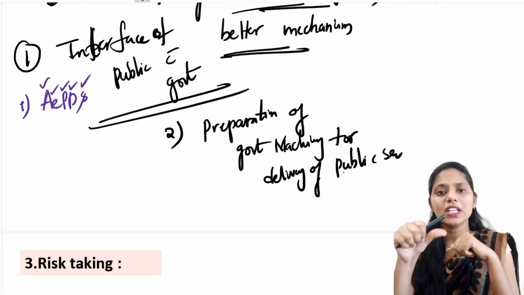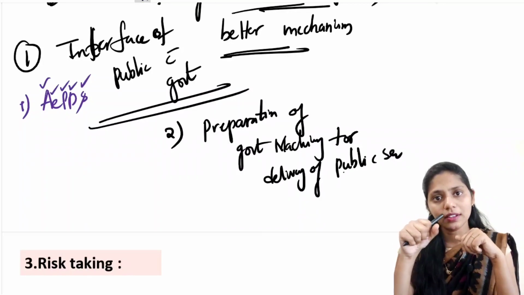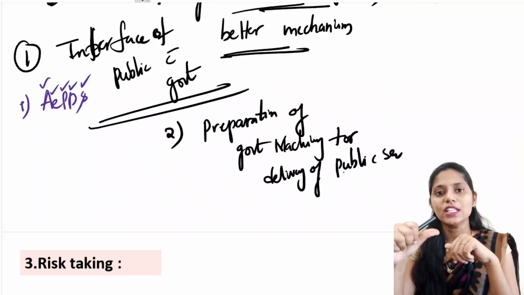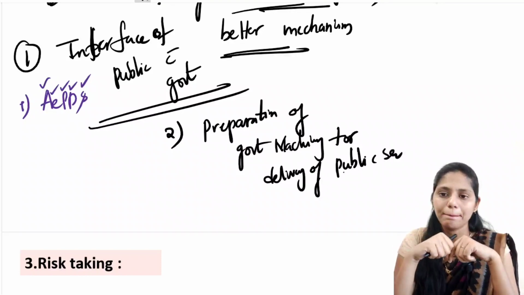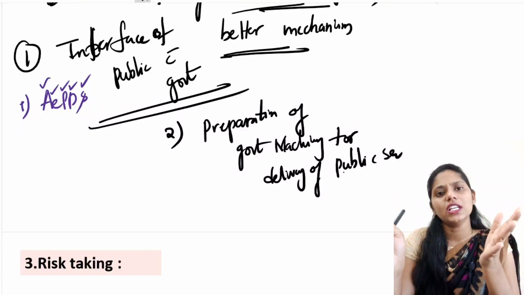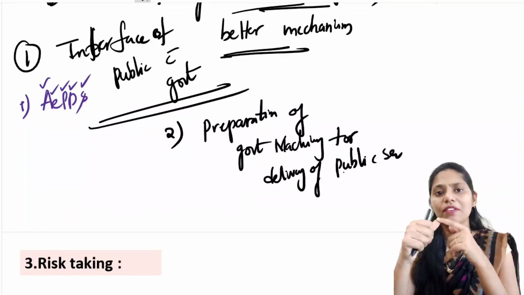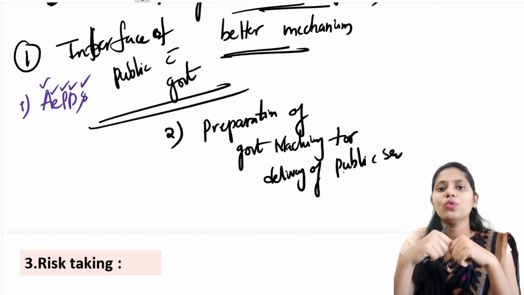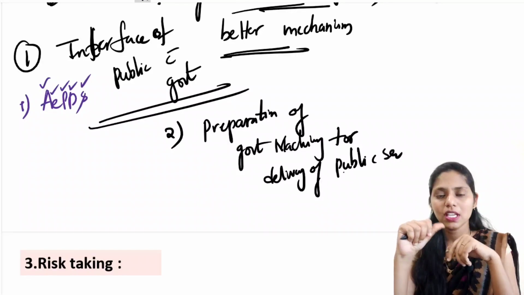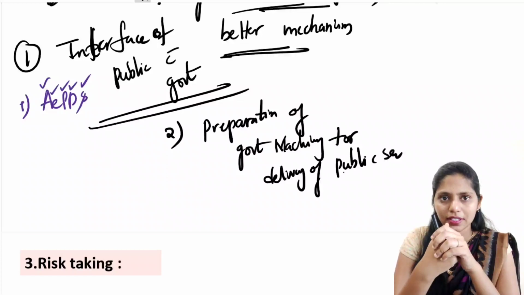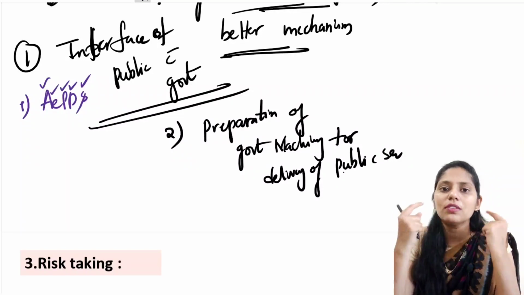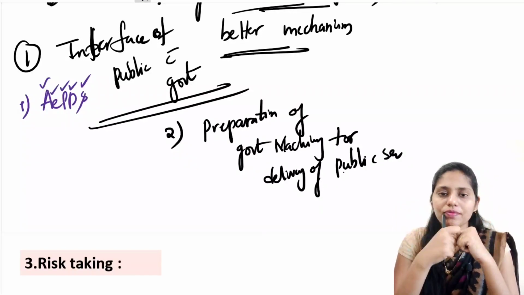Under this, a thumb impression is now necessary to get the ration, that means the subsidized food grains. We need to give our thumb. But there was one problem here. Especially some people who have leprosy or have lost their fingerprints cannot get these rations. For those people, we came up with iris scan.